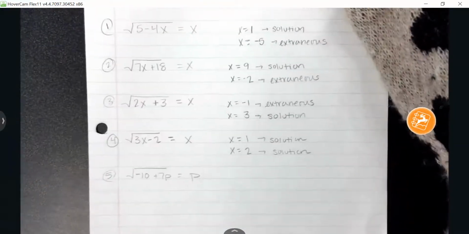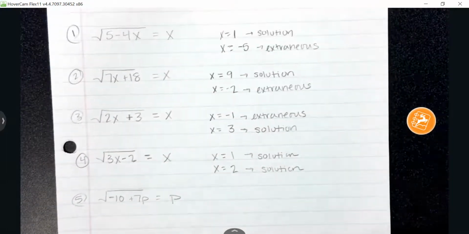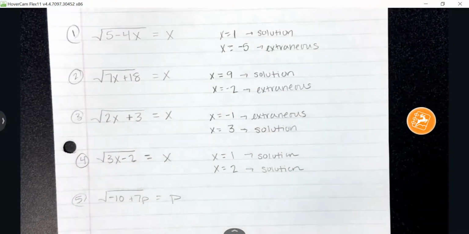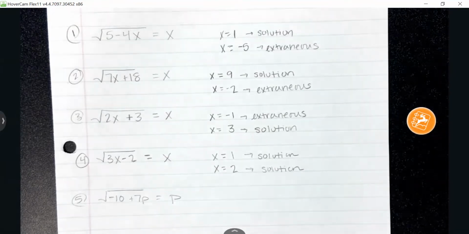We did the first one together. The answers are on here, except for number 5. I'll get those answers. I want you to do numbers 2, 3, 4, and 5. That's what you're doing today. This is not in class kit, so you just need to do it on paper. It is not in class kit.